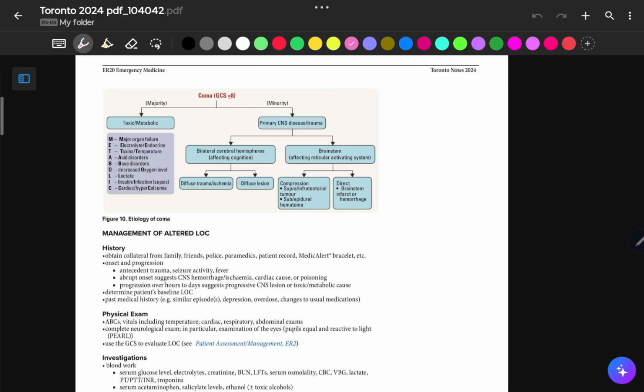This could be due to compression, where you have a supratentorial or infratentorial tumor or a subdural hematoma, or it could be due to a brainstem infarction or hemorrhage. And the other side could be bilateral cerebral hemispheres affecting cognition, so could be a diffuse lesion or diffuse trauma or ischemia.